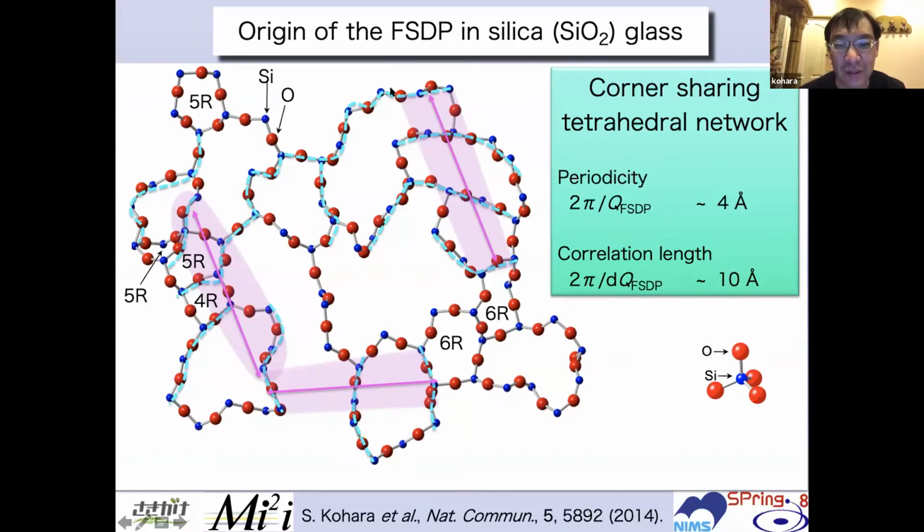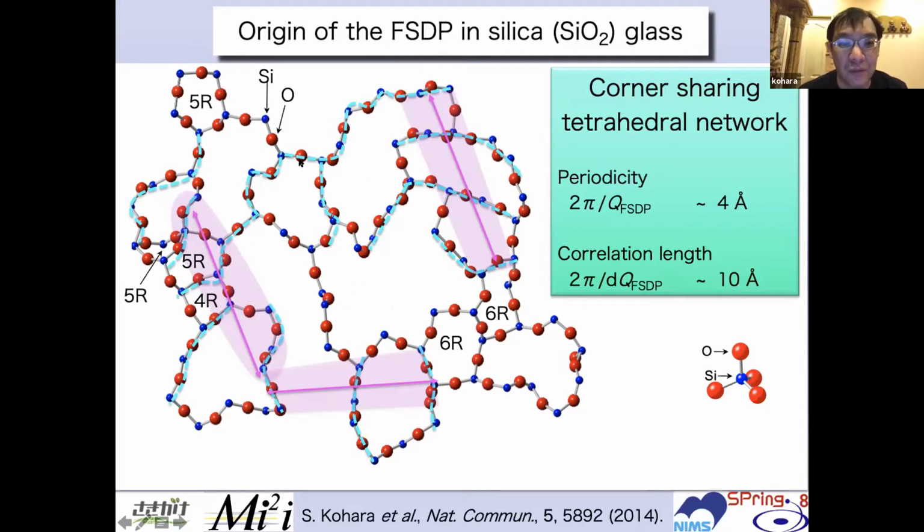So periodicity is represented by these cyan curves. This distance is almost 4 angstrom. I picked up the configuration from the model, and we just removed atoms which don't belong to the network.